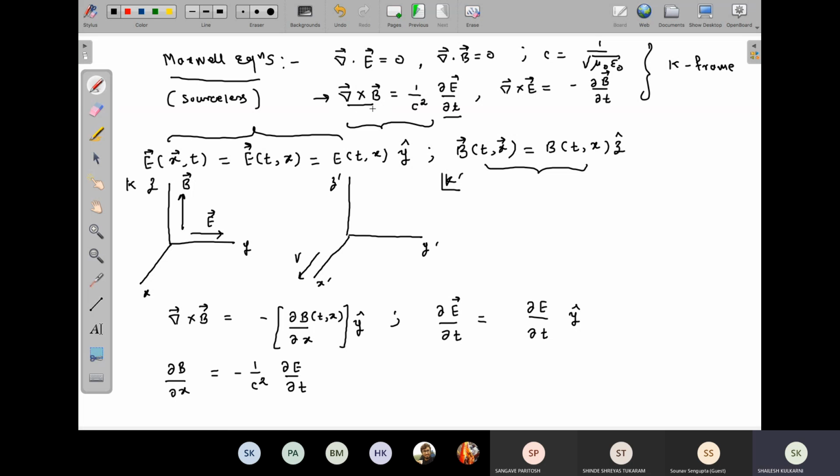I just simplified this equation using this choice. Now I need to transform this equation using Galilean transformations.